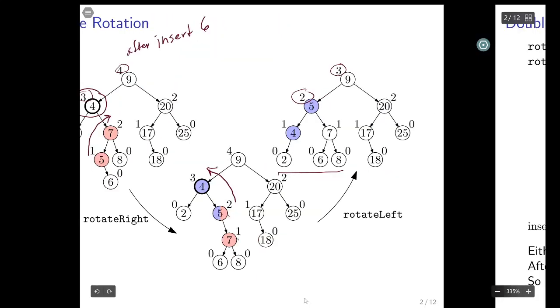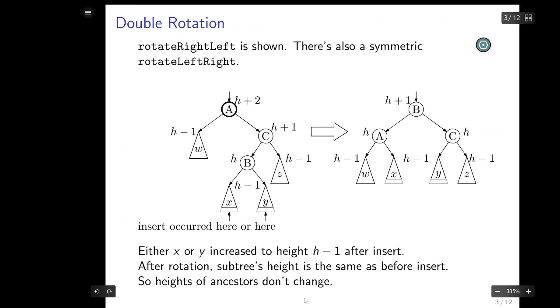Here's the incredibly clarifying picture, which has all of the heights indicated in it. For this picture, it's working for the same rotation we just looked at, rotate right-left. Rotate right-left occurs when you find you've inserted something, and the insertion could have occurred here, or it could have occurred here.